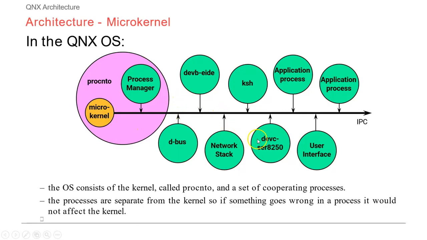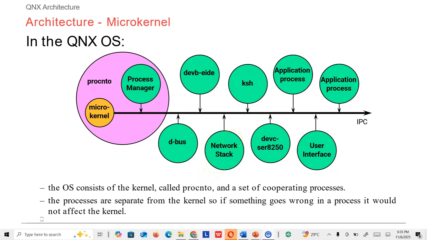All other services like drivers, file system, network stack, GUI, etc. run as separate user space processes. So even if a driver crashes, it does not crash the kernel. This gives extremely high reliability, which is why QNX is used in automotive ECUs and medical devices.